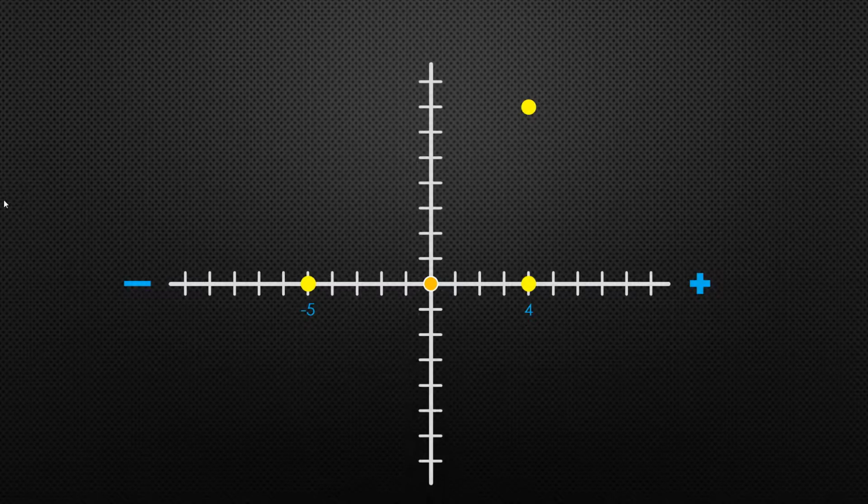However, if we have to plot a point outside our number line, the only way to plot the position of the point is by introducing the xy coordinate system, with positive values on the top and negative values on the bottom.